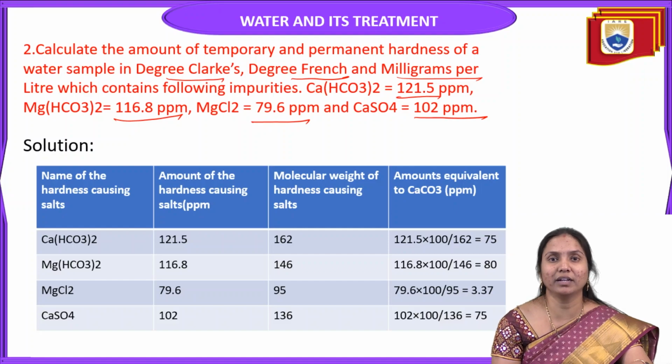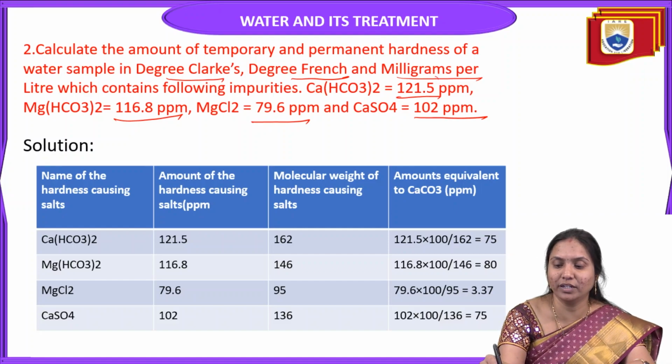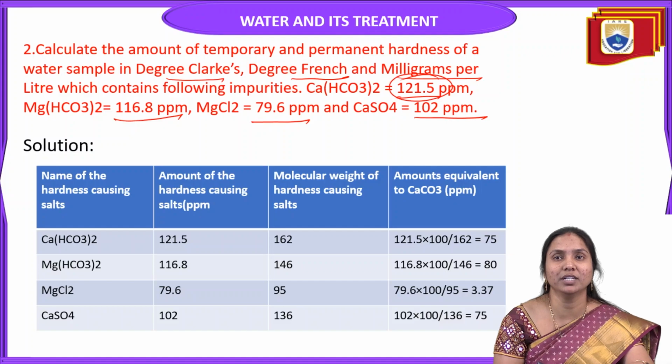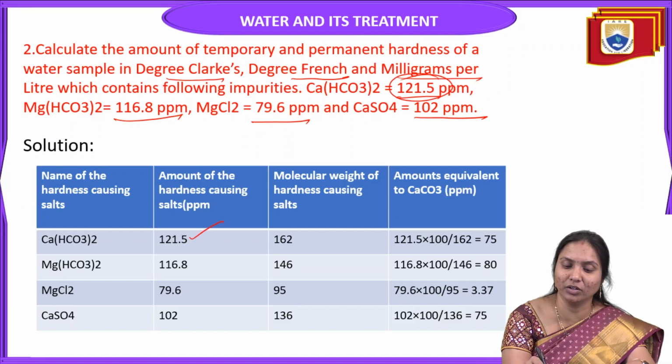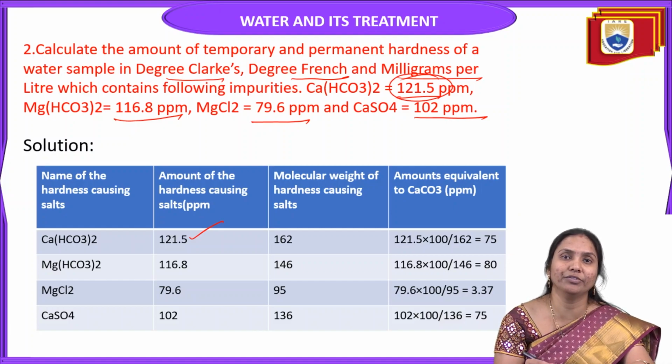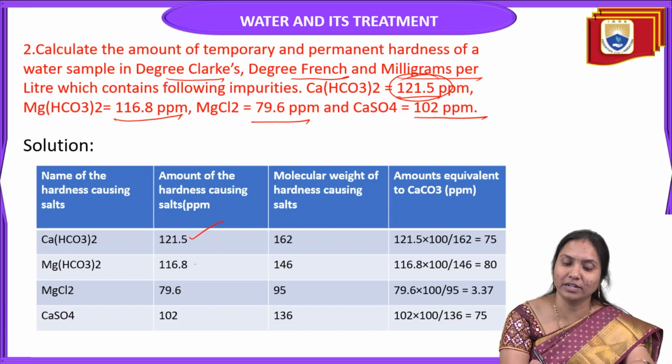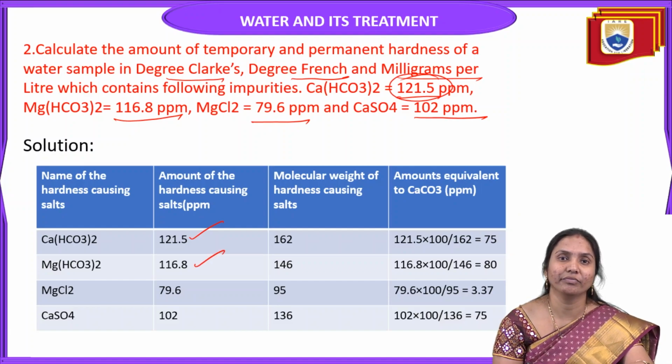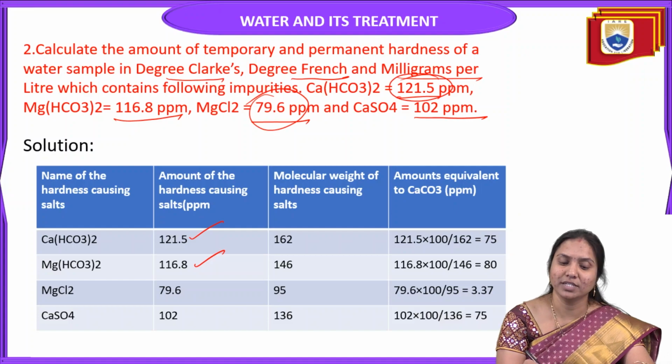Here, what is the weight of calcium bicarbonate? According to the data, its amount is 121.5, and magnesium bicarbonate weight is 116.8 ppm. Next, magnesium chloride weight according to the data is 79.6.